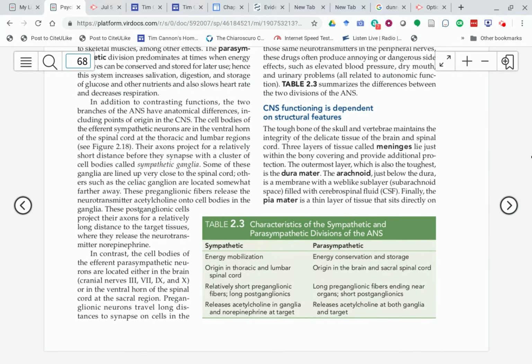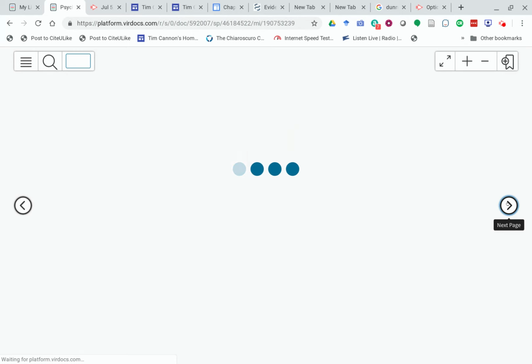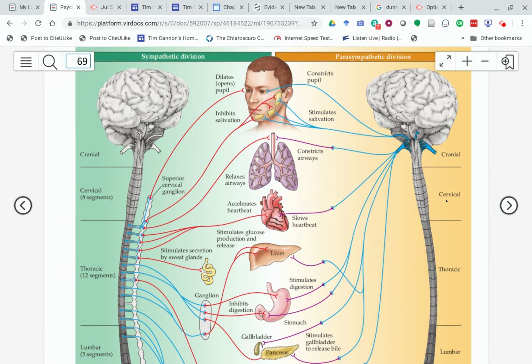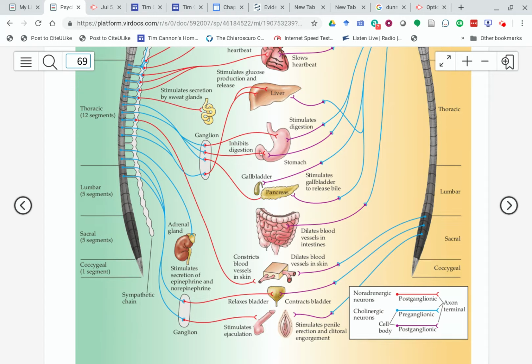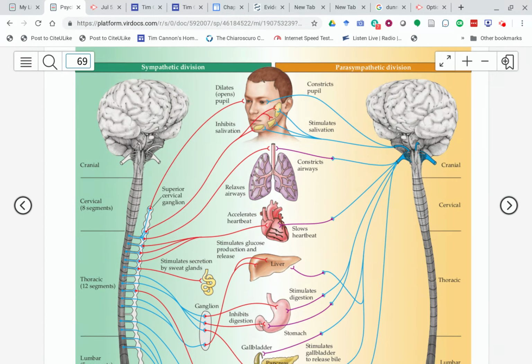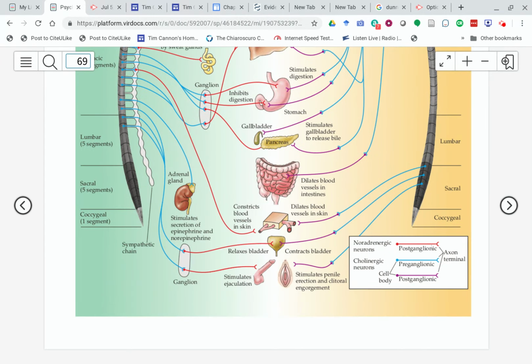So there's a nice table that overviews that. This figure has a bunch of stuff. Certainly you won't be memorizing it, but notice that there's norepinephrine in here and acetylcholine. Noradrenergic, norepinephrine; cholinergic, acetylcholine; and we have pre- and post-ganglionic.